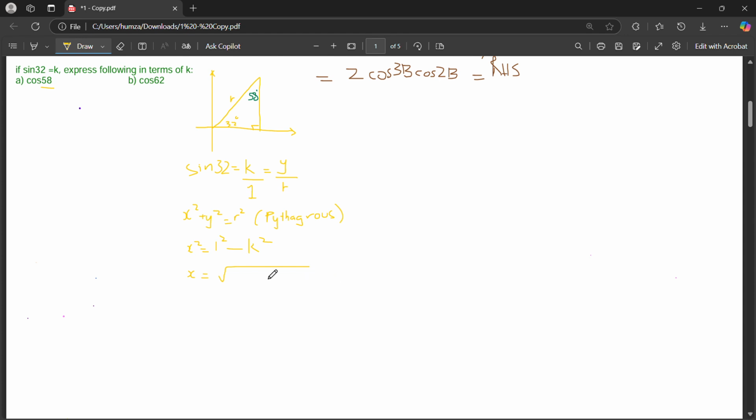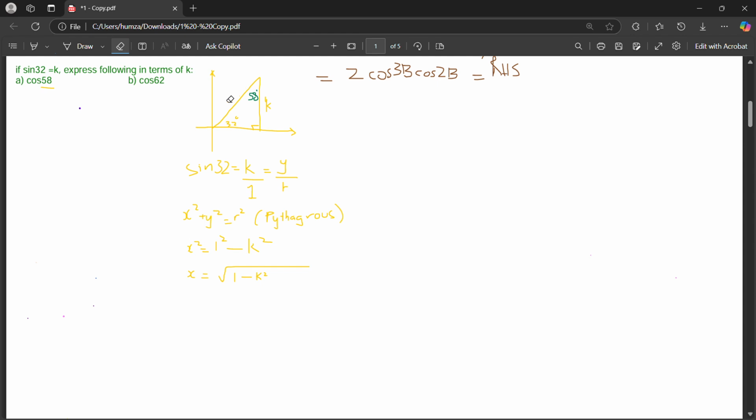Now we don't want the x squared value, we want the x value. So now we are going to write the square root, and we will say the square root of 1 minus k squared. So r is equal to 1, we can say r is equal to 1 on the sketch. The y is equal to k, so this is the y value, we can write k here.